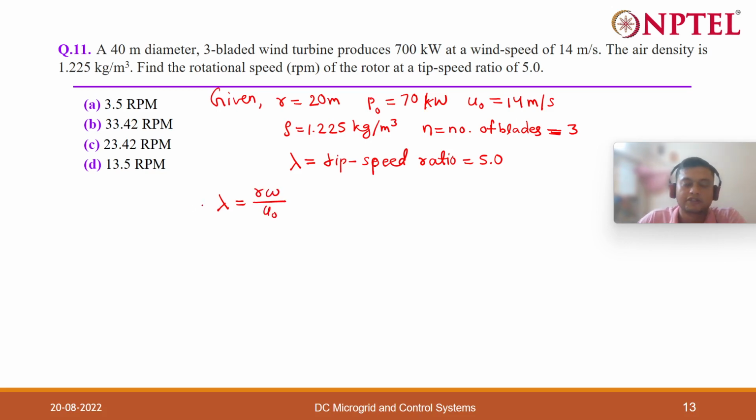For a variable speed wind turbine, if the wind is not flowing at the rated speed, we operate it at that speed where we can get the optimal tip speed ratio, so that we can get the maximum power from the wind turbine.